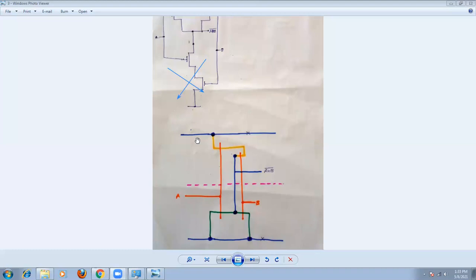Whenever diffusion and polysilicon are joined together you can use a buried contact, but we are not going to join N diffusion and polysilicon in this case. That is the main thing here.